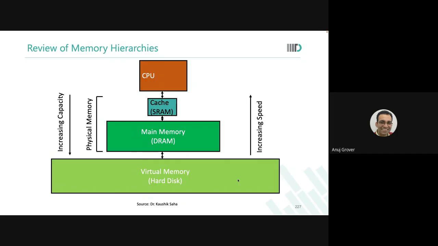Because that was not there, initially the requirement of a cache started from the fact that DRAM is so far away. Physically also, in terms of timing also. By the time I get something back from there, I would have to wait ages. So we said, okay, let's put something on chip.